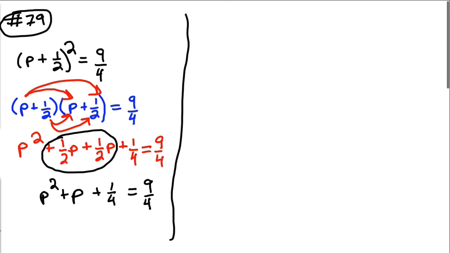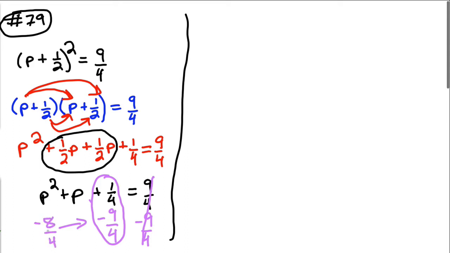So if I subtract 9/4 from both sides to set it equal to 0, then I have 1/4 minus 9/4. That's negative 8/4, right?